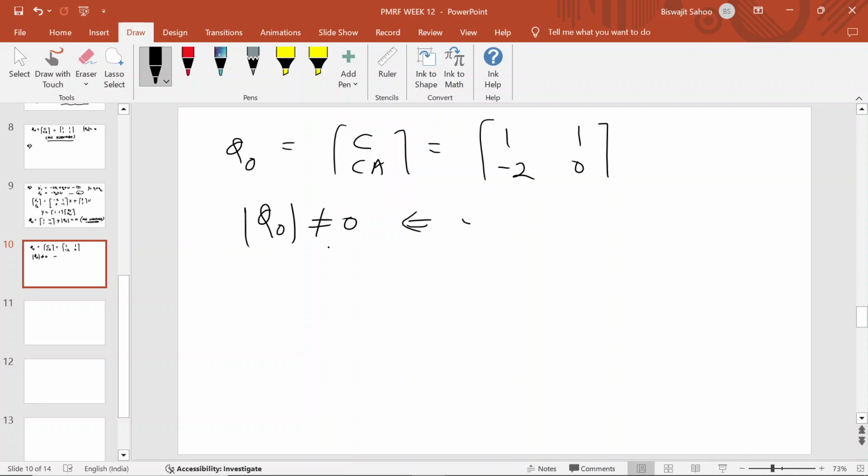So it means it is not observable. Sorry, determinant not equal to 0, so it is observable. Okay, it is observable, right? Note down this question.